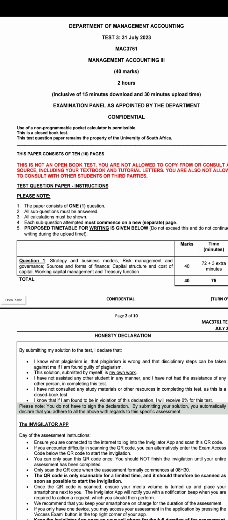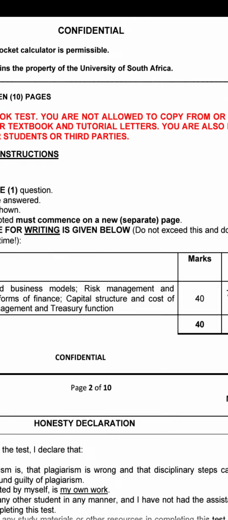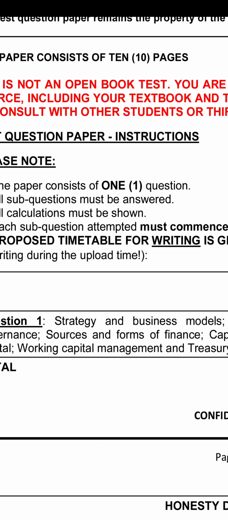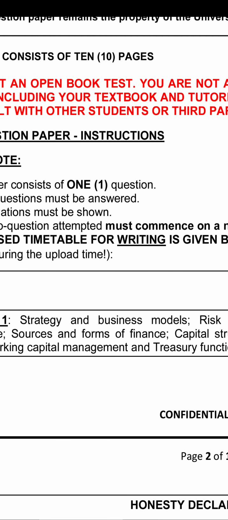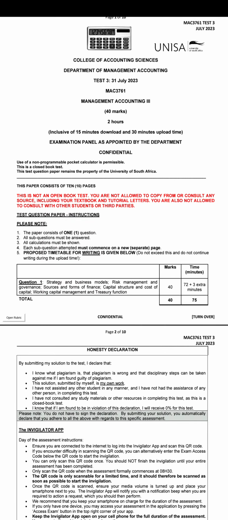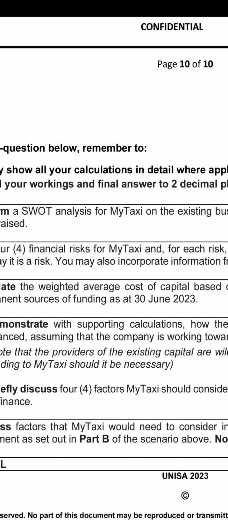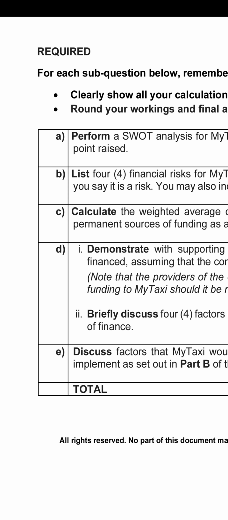All sub questions must be answered, goes without saying. All calculations must be shown. I think that's self-explanatory. Each sub-question attempted must commence on a new page. Right, let me zoom in on this one. So this isn't difficult to break down, but what it basically means is all of this, part A, part B, C, D, E, are your sub-questions.